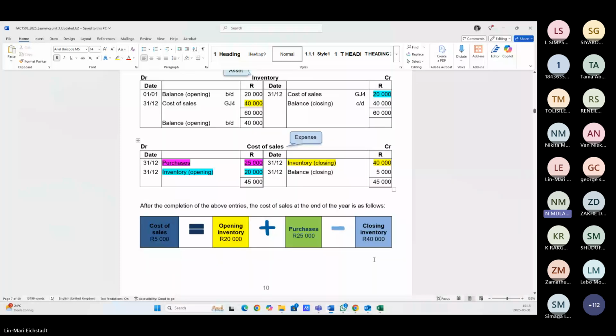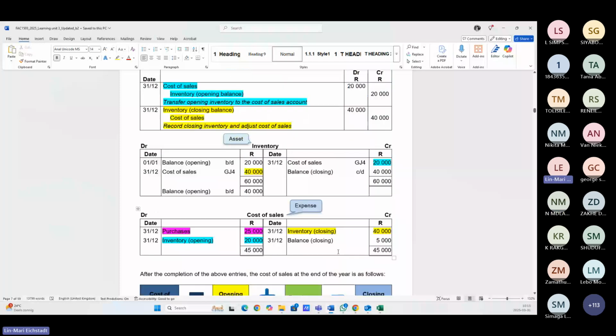Yes, but the cost of sales ends up being 5,000. Yes. And that is the difference between what we had as our opening inventory plus whatever we purchased from the supplier. So say, for example, we had 10 boxes of tea.